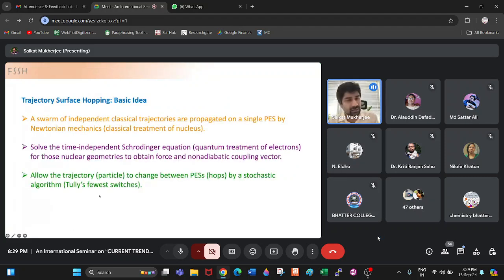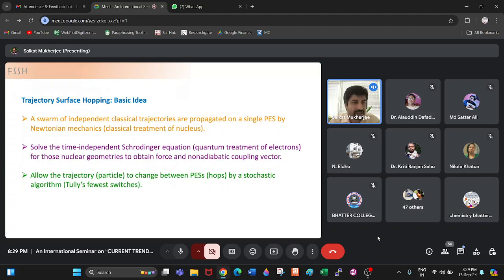So in the trajectory surface hopping, as I said, I propagate a swarm of independent classical trajectories on a single potential energy surface via Newtonian mechanics, right? And then at each point of my nuclear coordinates, I ask my favorite software, hey Gaussian, hey Turbomole, hey MolPro, please give me the electronic energies, the gradients, and the non-adiabatic coupling vector.